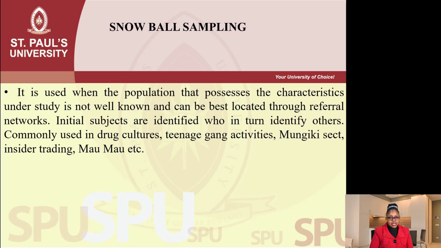So what you do, for example, let's say you're doing a research to do with street families in Nairobi. You just need to identify one family. They could be somewhere in a tunnel somewhere. They could be hiding somewhere. If you identify that family, you go and tell them this is what you are doing. Of course, you have to make them comfortable so that they don't run away.